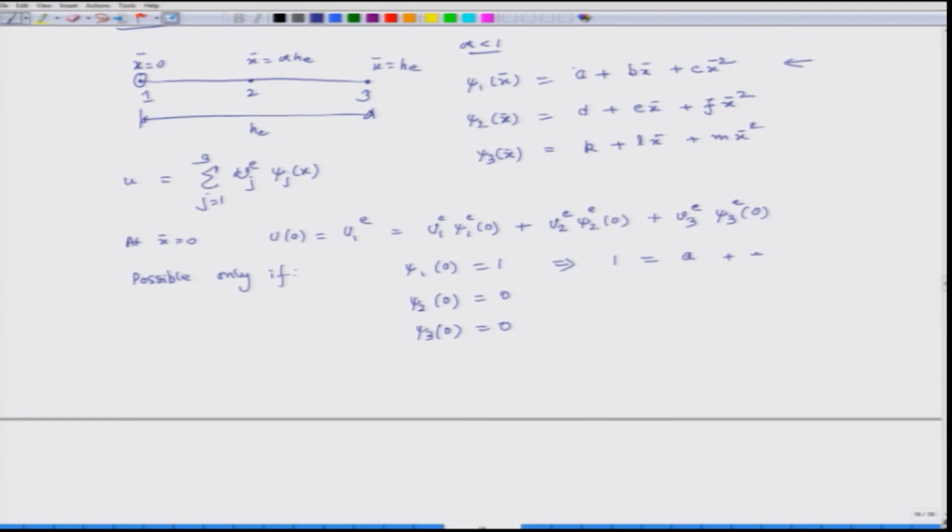The second equation is 0 equals d plus 0 plus 0, and the third equation is 0 equals k plus 0 plus 0. So, I right away get 3 unknowns.